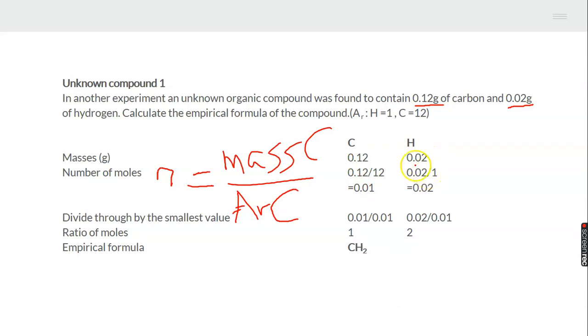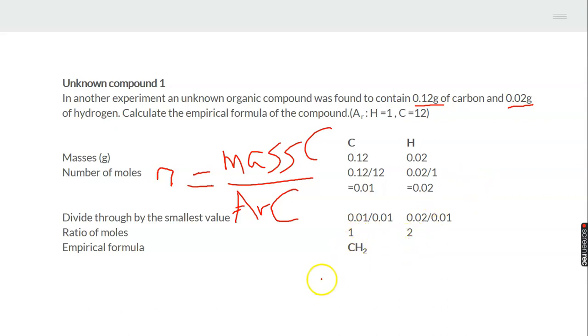Then for hydrogen, you can replace this C with H. So for hydrogen, we have 0.02 divided by 1, which gives you 0.02. So the next step is that you divide through by the smallest value. What's the smallest value between this and this? Definitely it is 0.01. So divide through by 0.01. This gives you 1. This will give you what?